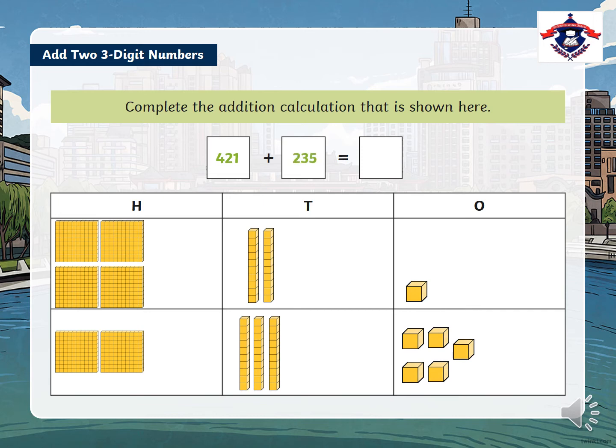In 235 there are 2 in the hundreds place, 3 in the tens place and 5 in the ones place. So actually there are 235 squares drawn. When we add these both numbers together, or you can say when I add all these squares together, the answer we get is 656.